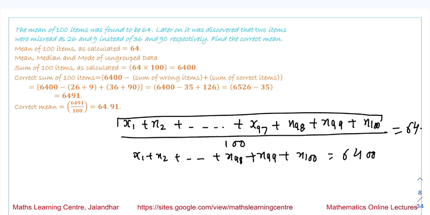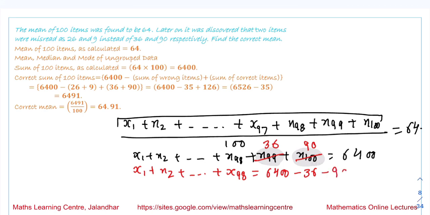Now the numbers 26 and 9 were misread as 36 and 90. So x1 plus x2 and so on up to x98 is equal to 6400 minus 36 minus 90.